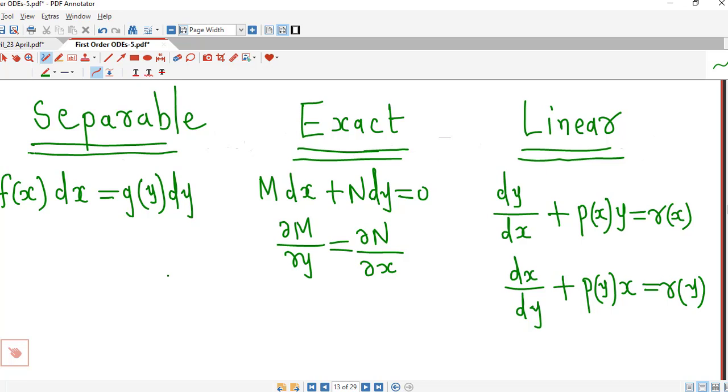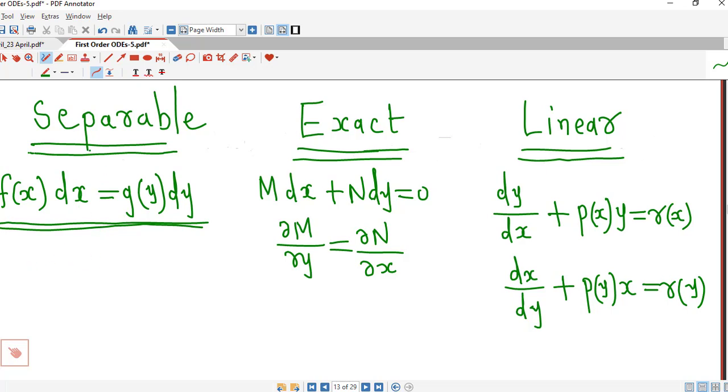So whenever we are going to solve a first order ordinary differential equation, first we will check whether it is separable or not. That can be decided by observing the given equation. From the given equation we may have an idea whether we are going to separate variables or not.